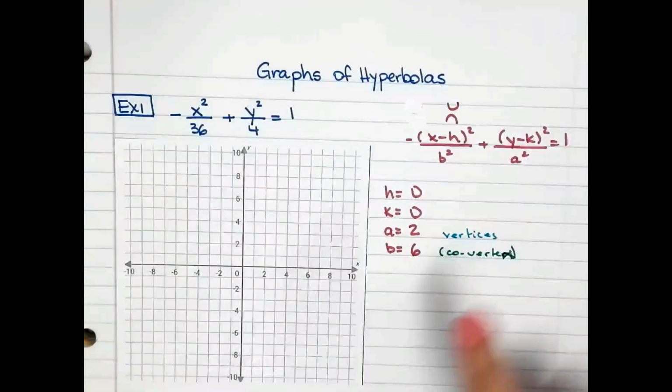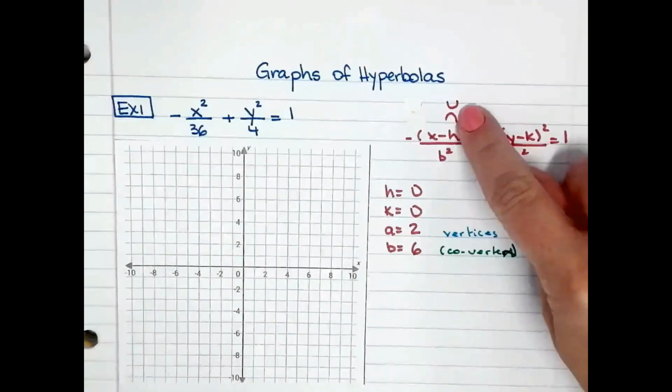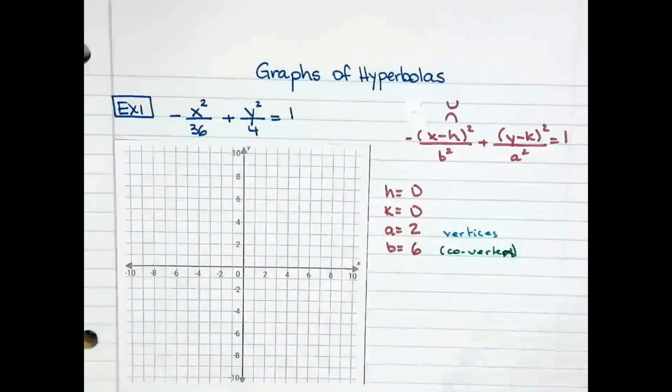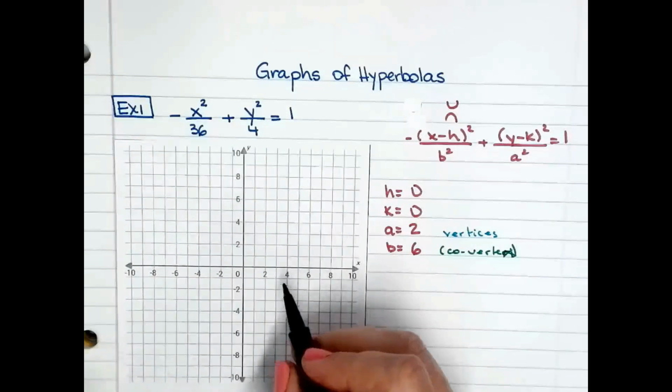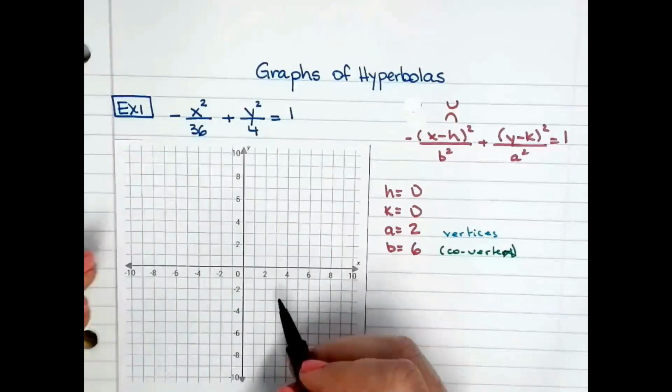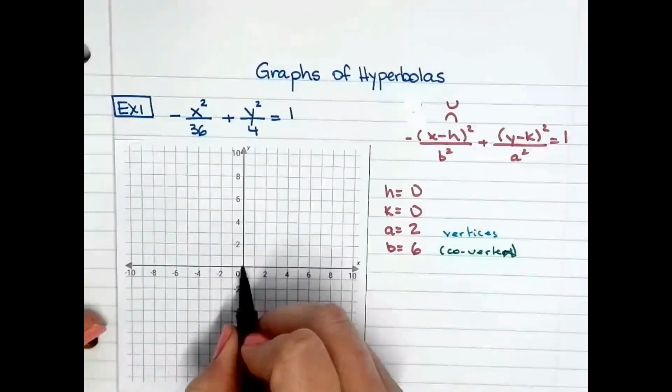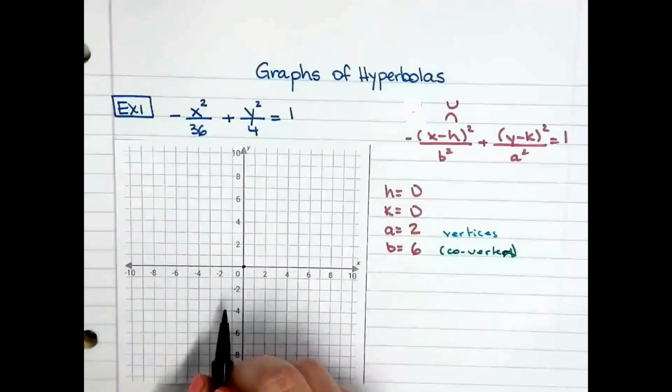Okay, I know the hyperbola is opening up and down. So here we go. I will trace all my guides in black, and then finally my hyperbola is going to be in red. So the center is right there at 0, 0.